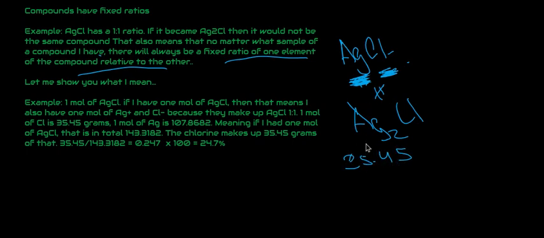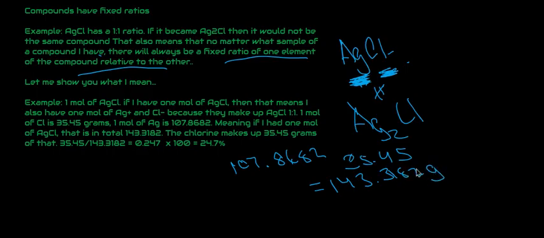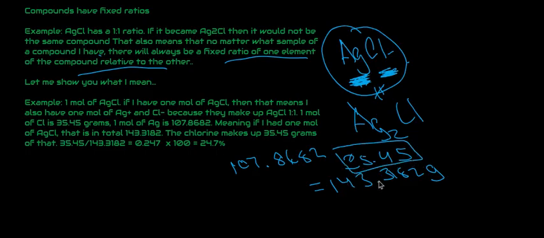That's just how that works. 1 mole of silver is 107.8682 grams. If you were to put them together, you would get 143.3182 grams. So if you had 1 mole of silver chloride, you would have 143.3182 grams. We know that the chlorine made up 35.45 grams of this.